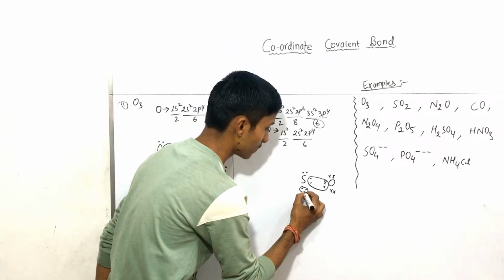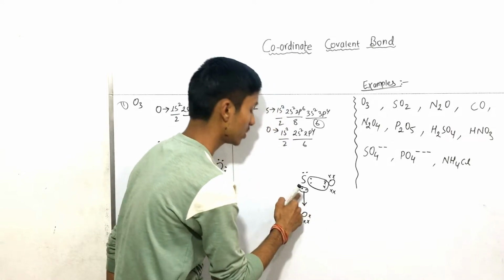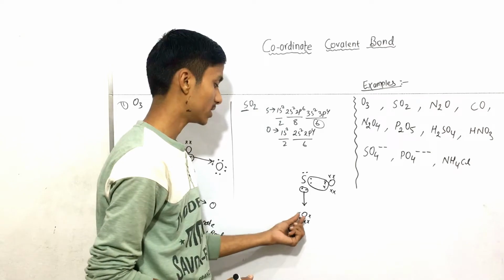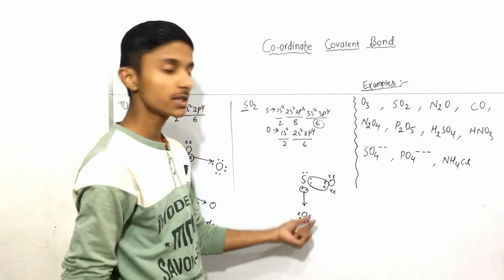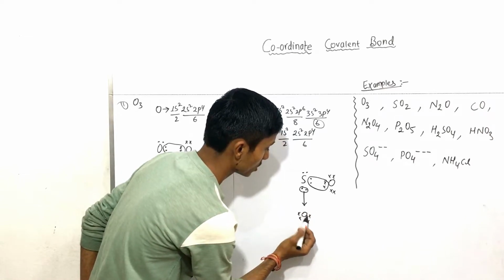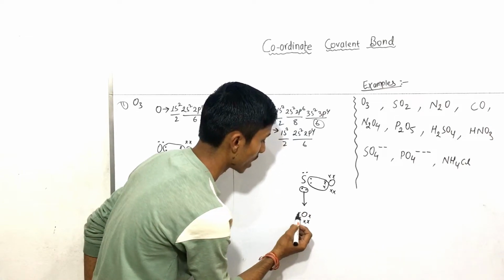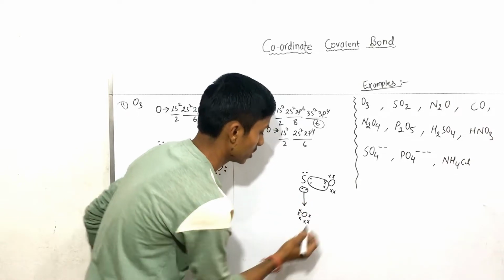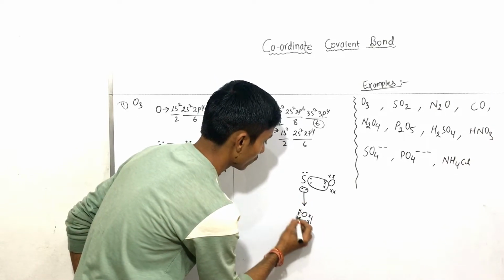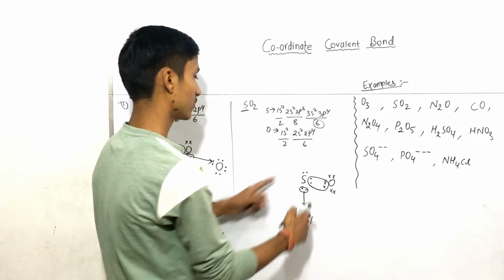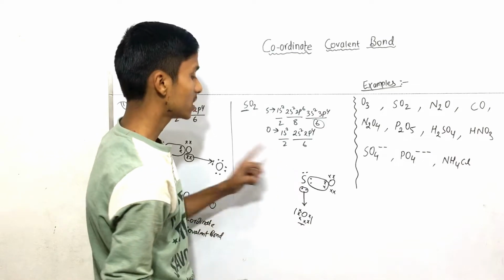So this sulfur just donates 1 pair of electrons to this oxygen in order to complete its octet state. So here for this oxygen 1 2 3 4 5 6 7 8. Here 1 2 3 4 5 6 valence electrons, and here 2 more electrons from the donor atom, that is the sulfur atom.